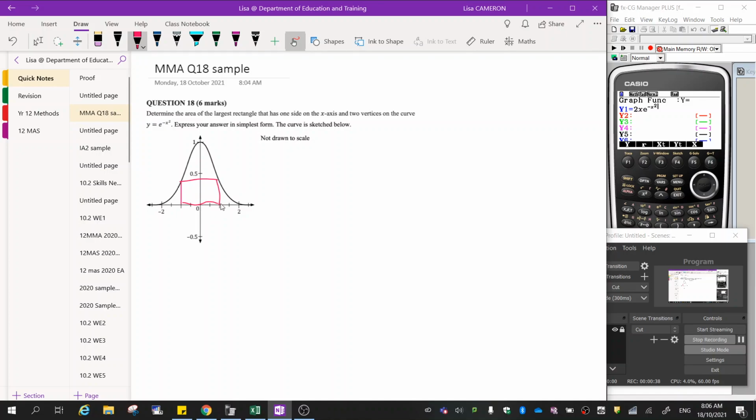Now, one thing that I'm going to consider at the moment, that it hasn't asked me to do but otherwise might cause problems for me later, is I'm going to think about the domain. If I'm constructing a rectangle here and creating an expression for the area, which is equal to length times width, here are our x values on the bottom.